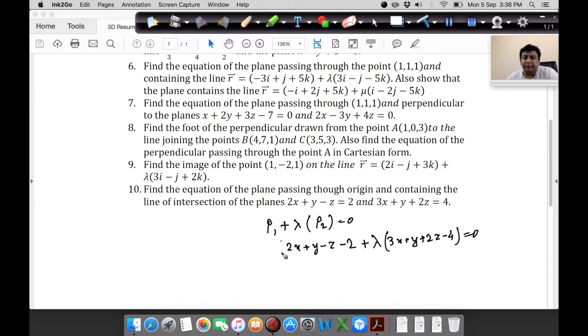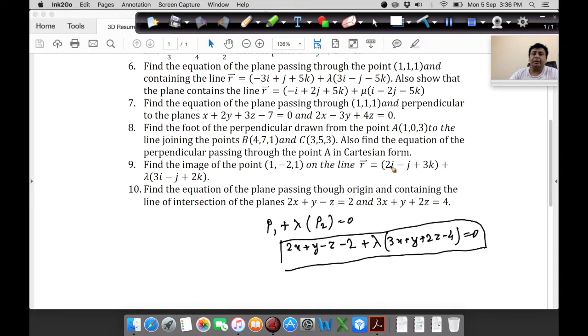This will be the equation of the plane passing through the intersection of these individual planes. Now, because it passes through the origin, we can put 0, 0, 0 here and we'll get the value of lambda. Knowing lambda, we put it back here and we get the equation of the plane.